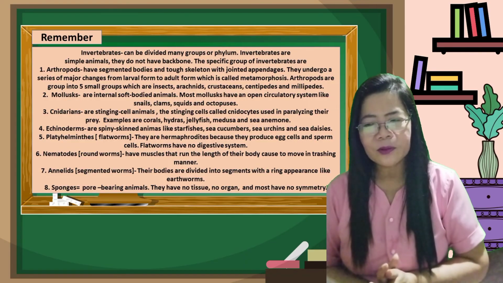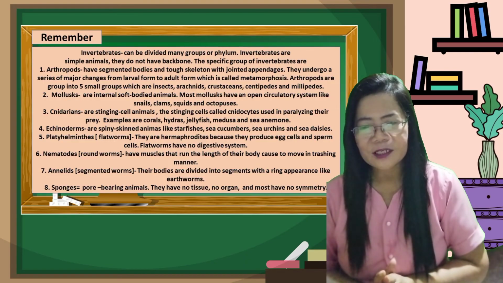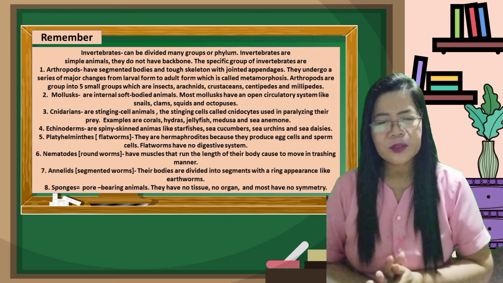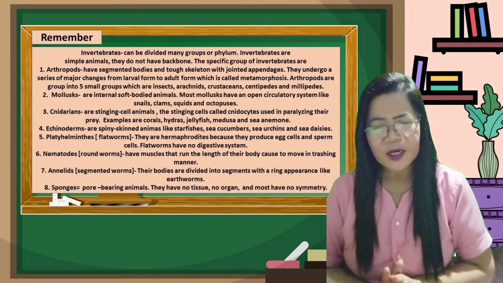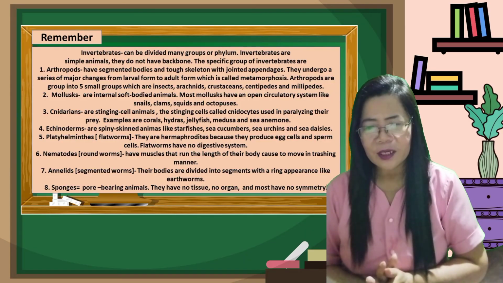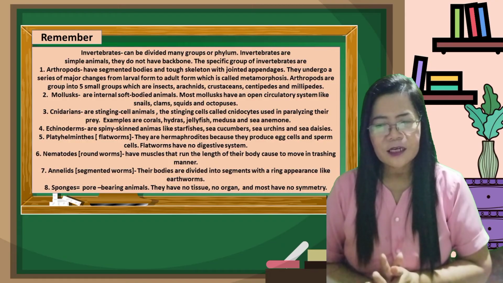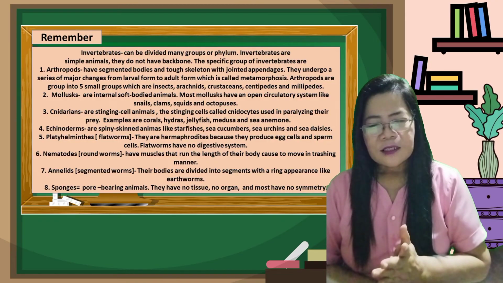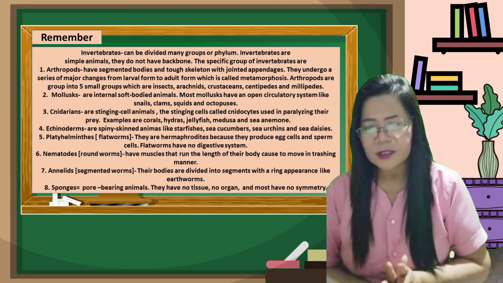They undergo a series of major changes from larval to adult form, which is called metamorphosis. Arthropods are grouped into 5 smaller groups, which are insects, arachnids, crustaceans, centipedes, and millipedes.